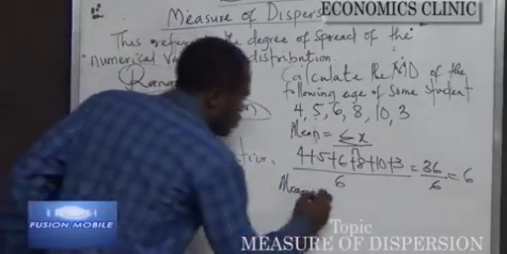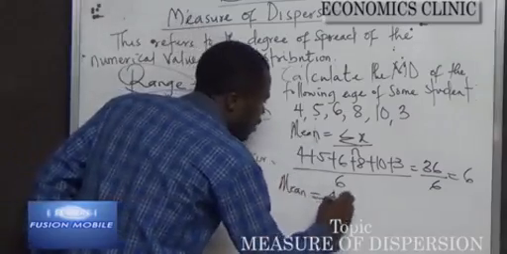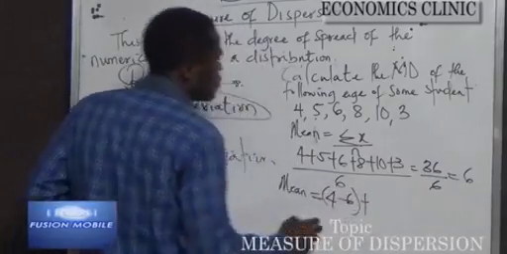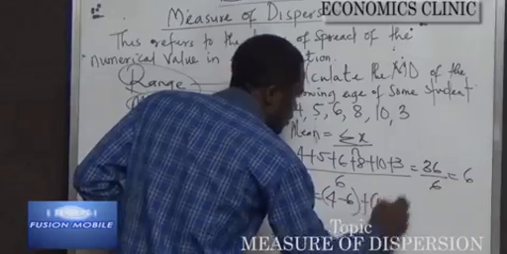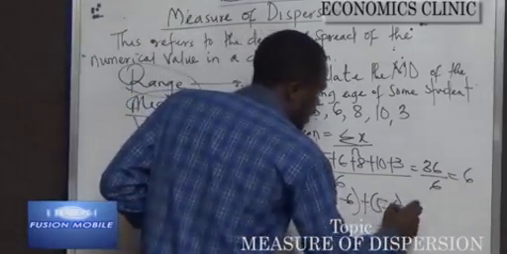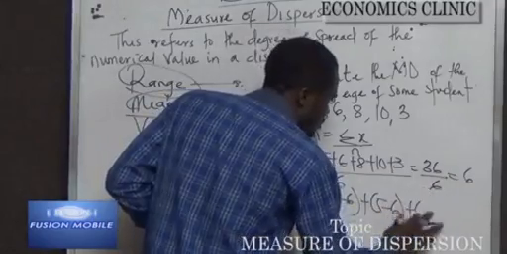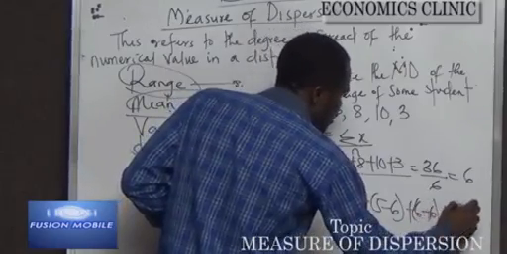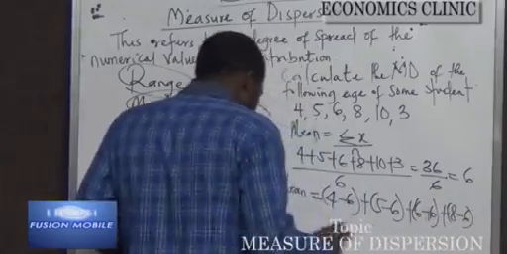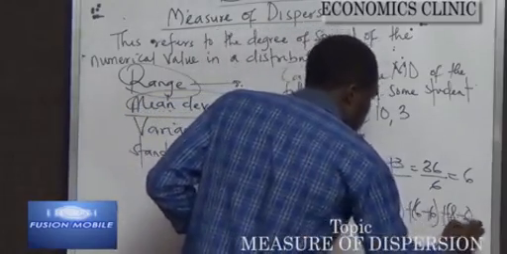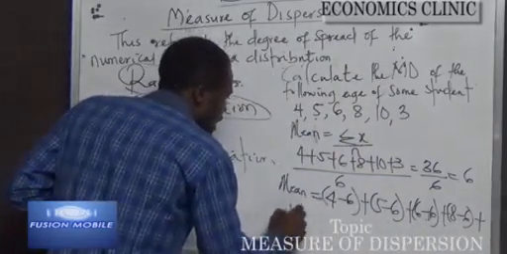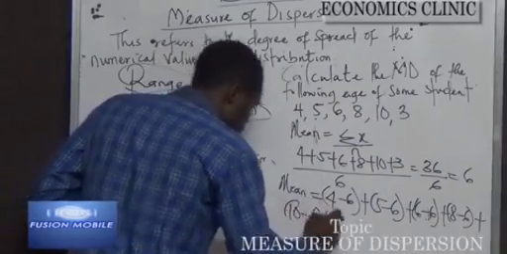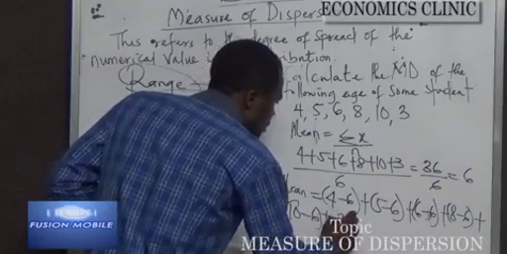Now we have (4 minus 6, the mean) plus (5 minus 6) plus (6 minus 6) plus (8 minus 6) plus (10 minus 6) plus (3 minus 6).